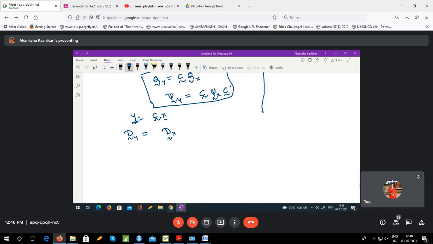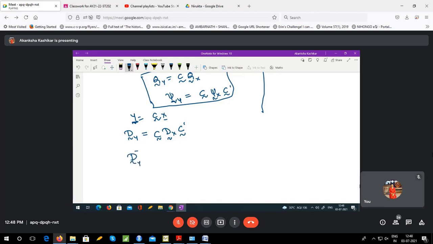We will need something like c square into dx, but the problem is c is a matrix, so I can't really say c square. It will be c dx c transpose. Those of you who are not convinced, please go back to the example that we had, height and weight, and try to convince yourself by solving this. Okay, dy would be c dx c prime.